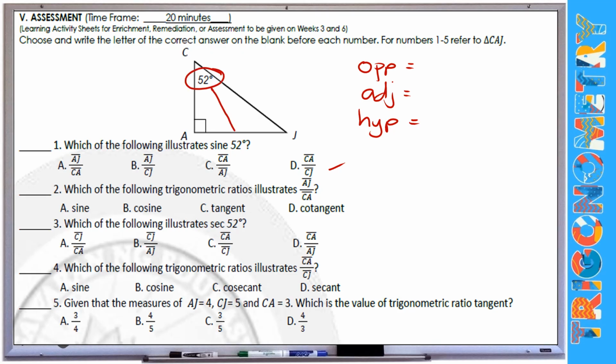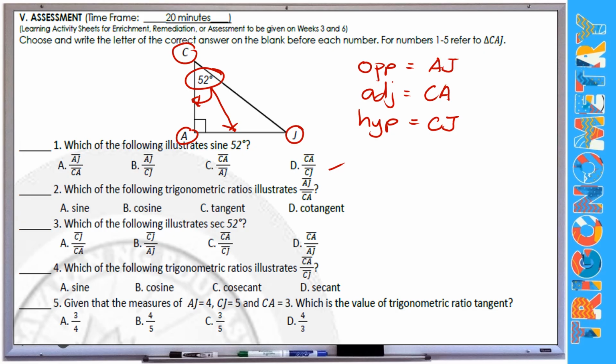The opposite side is your side AJ. Our adjacent side is our side CA. And our hypotenuse side is our side CJ. Since you already have this, you can answer already the question.